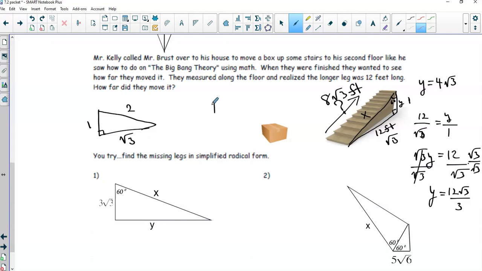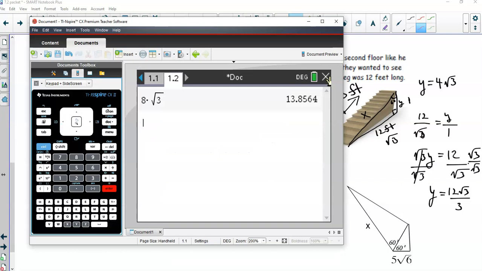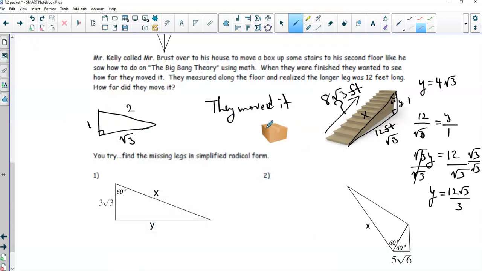So they moved it about, what did I say? It was 13.9 feet. That's how much they went up, or they moved that box up the stairs.